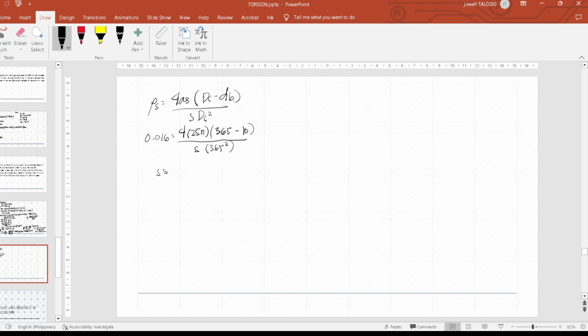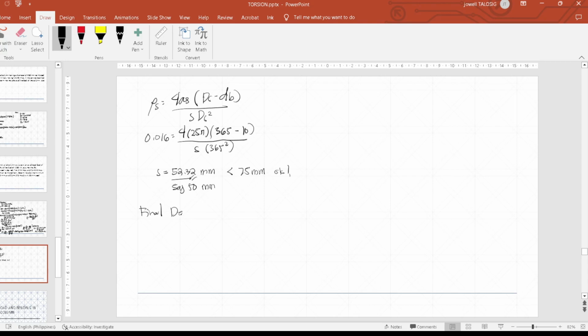So we will get S, which is equal to... please calculate with me using your calculator, please. 52.32, which is less than 75 mm and greater than 25 mm.